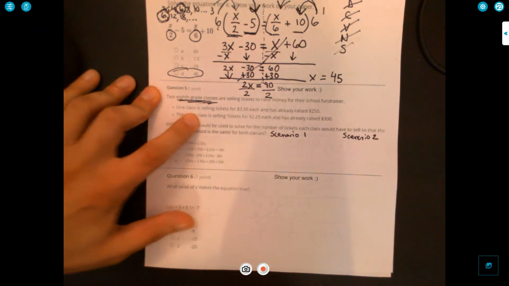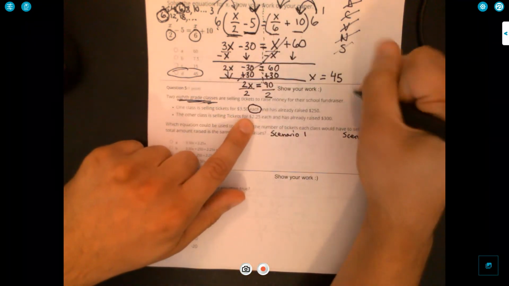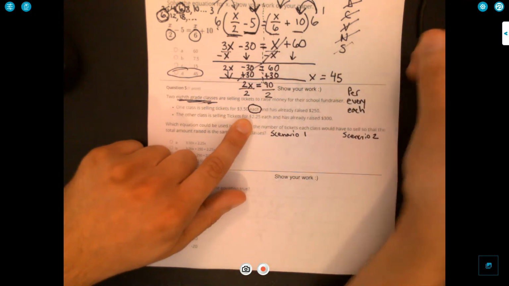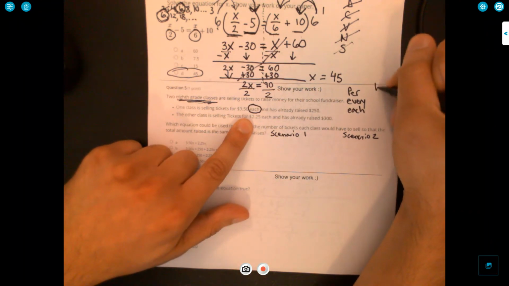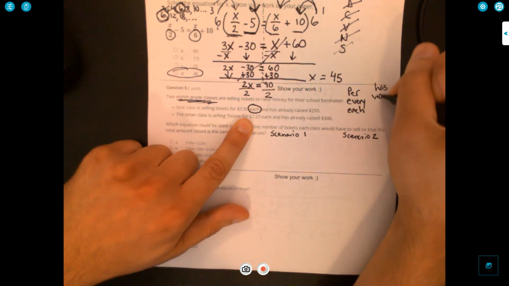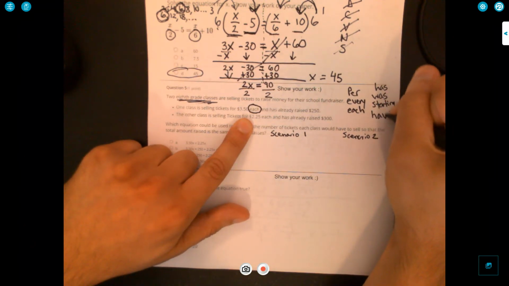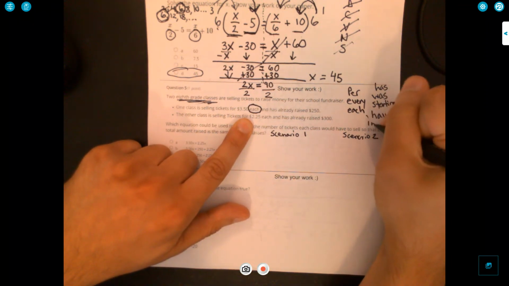One class is selling tickets for $3.50 each. Oh, there's our variable word. Remember our variable words: per, every, and each. And remember our constant words are has, was, starting, anything like that, or have, anything that's a starting amount initially.